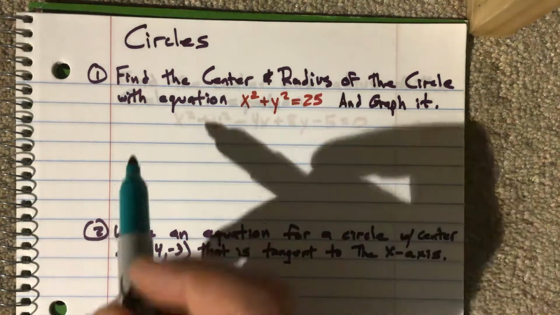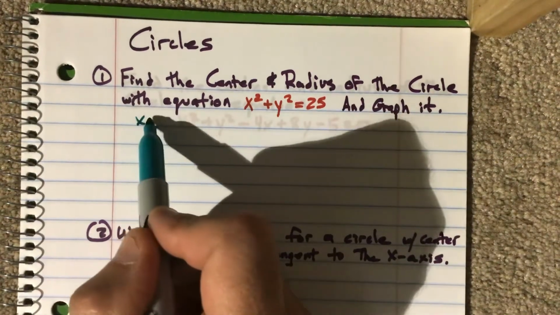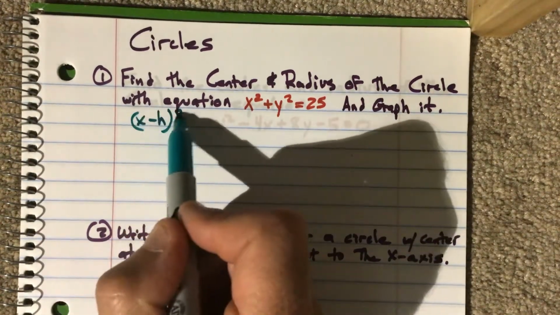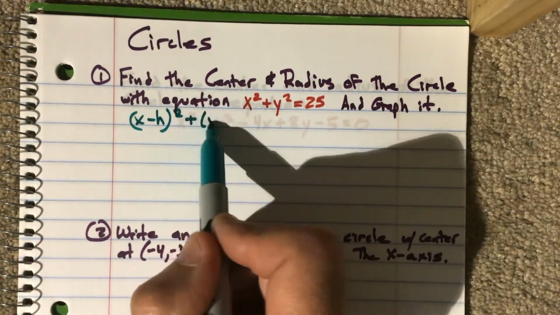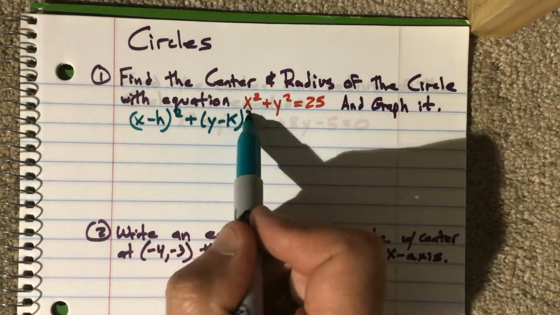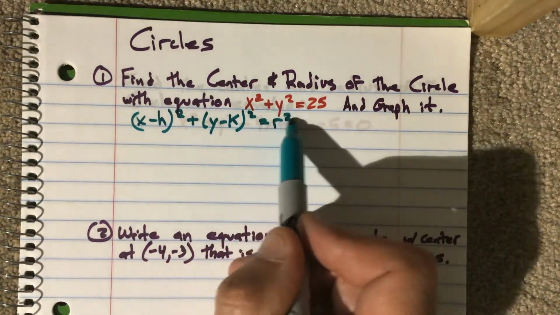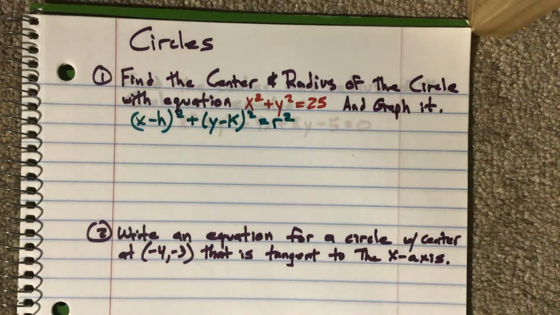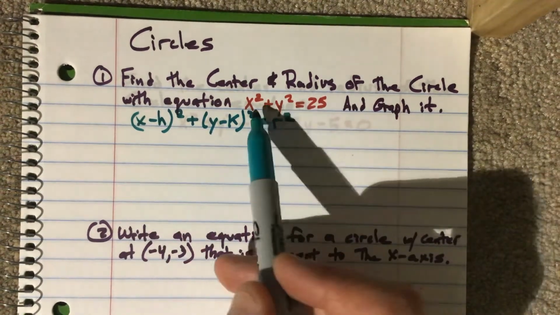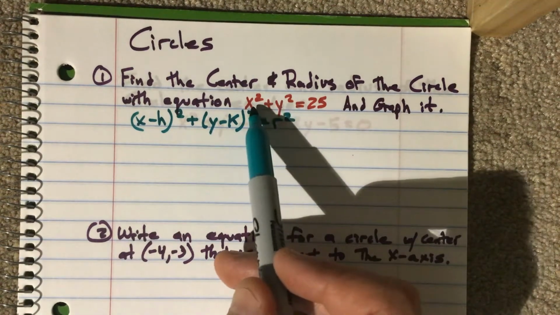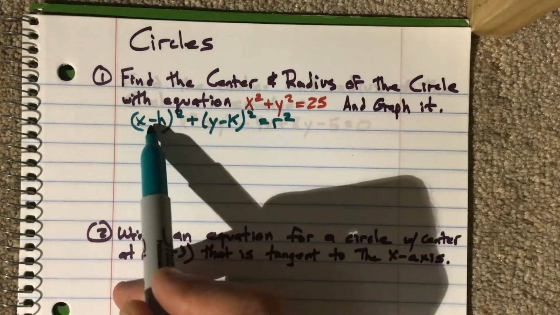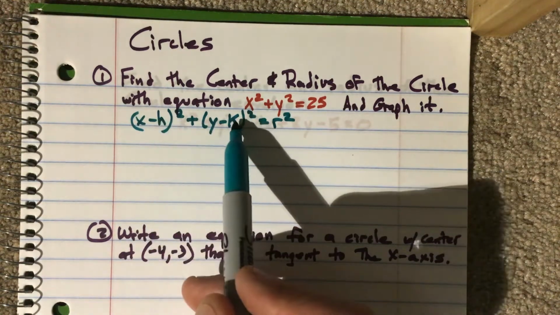So if you remember from the first video, the equation of a circle is (x minus h) squared plus (y minus k) squared equals r squared. In this particular case, all we see is an x squared and a y squared, and that's because h is 0 and k is 0.